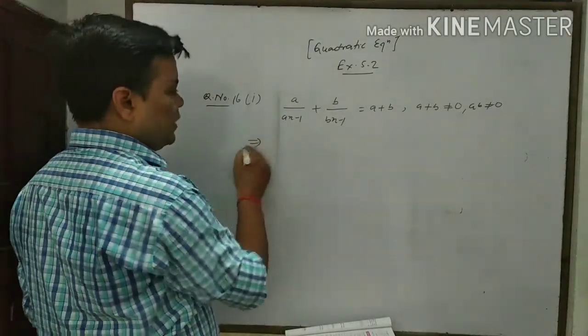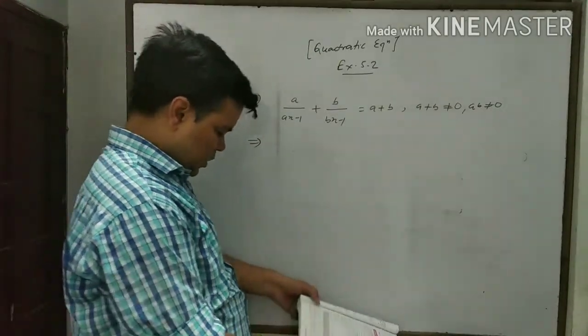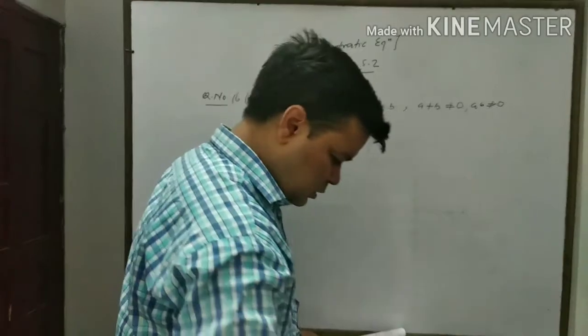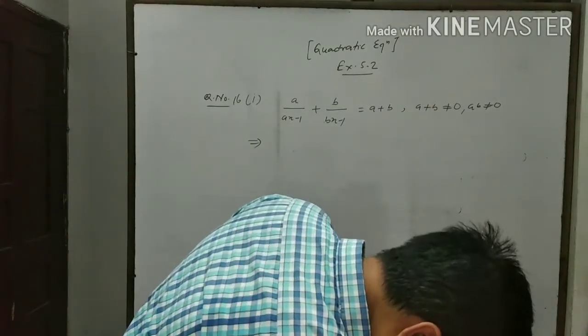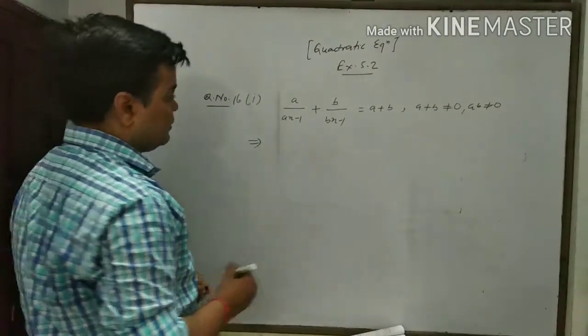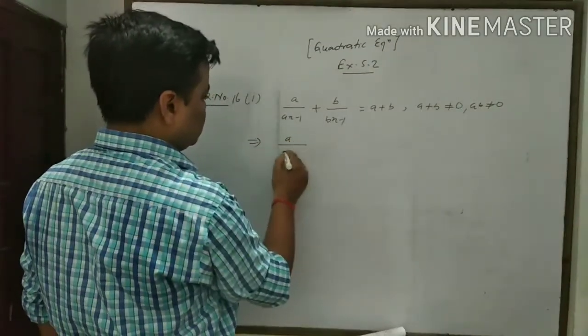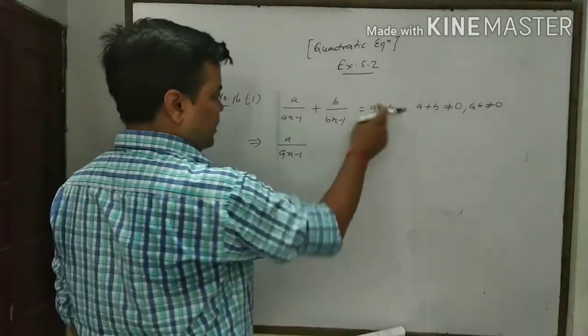Now we make some adjustment in this question. Okay? How do we do the adjustment? We do it like this: a upon (ax minus 1), and with a we take b minus b.